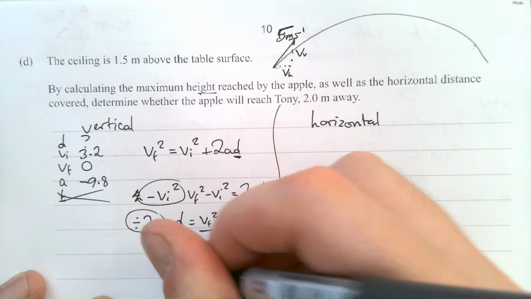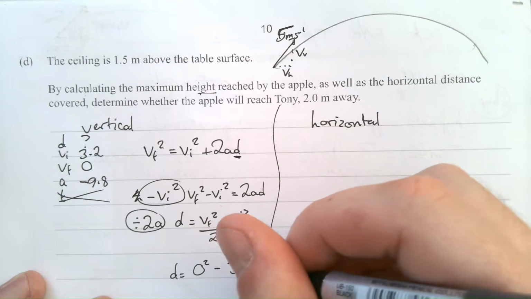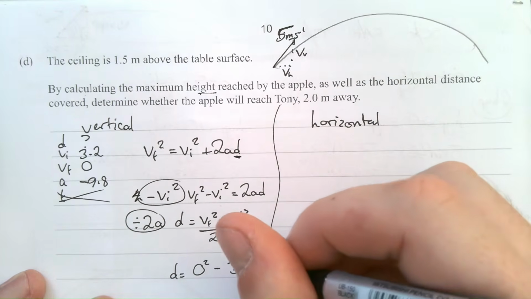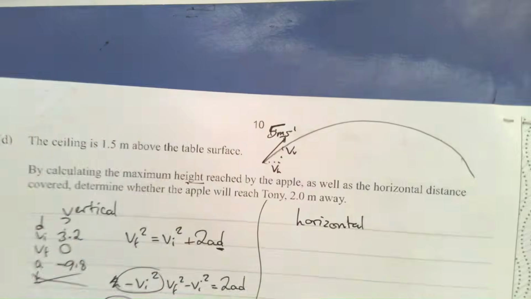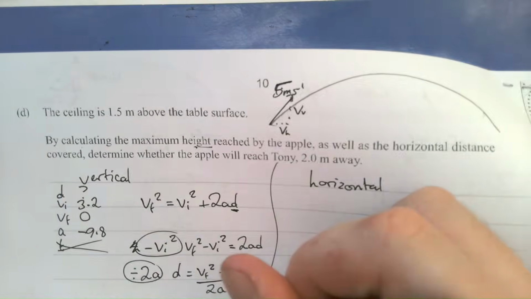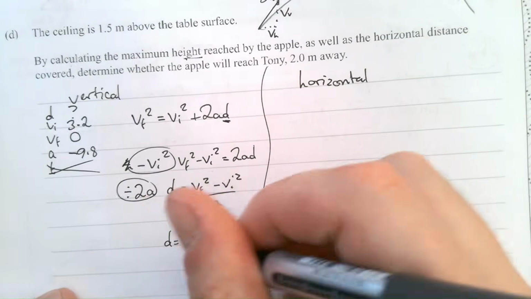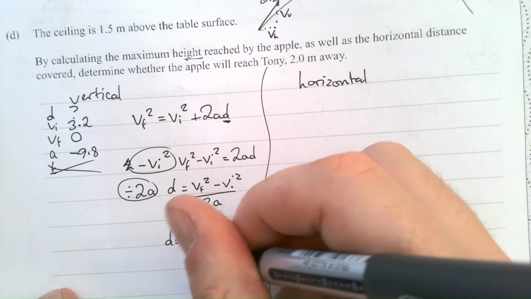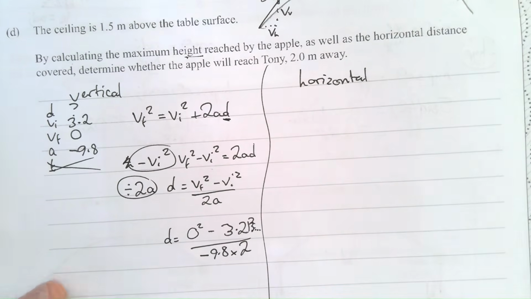Then I can put all my values in, which is 0 squared minus 3.2 squared. We should really be using the unrounded number, so I have to recalculate that. Divided by 2a, which is minus 9.8 times 2.